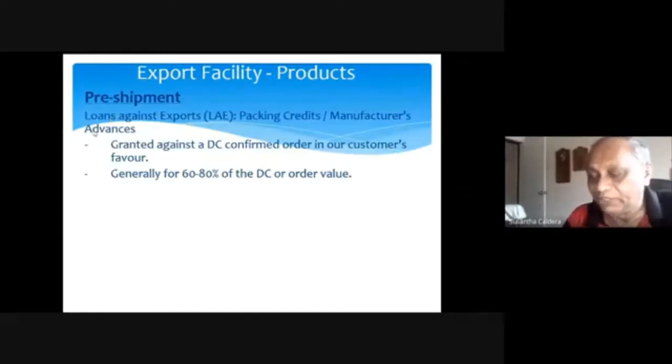A property should be mortgaged and a separate pre-shipment loan facility, a packing credit facility, created. Otherwise, if you are taking the DC as the security, you get fooled, and the bank also gets fooled. This is the main problem we are having with relationship managers in the credit department.